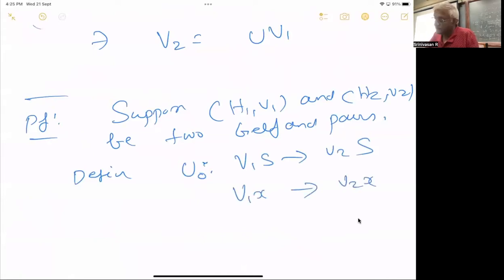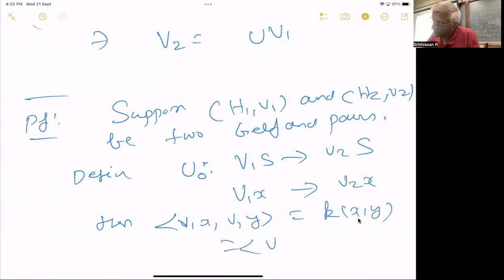Okay. Then V1x, V1y equal to k of x, y, equal to V2x, V2y.